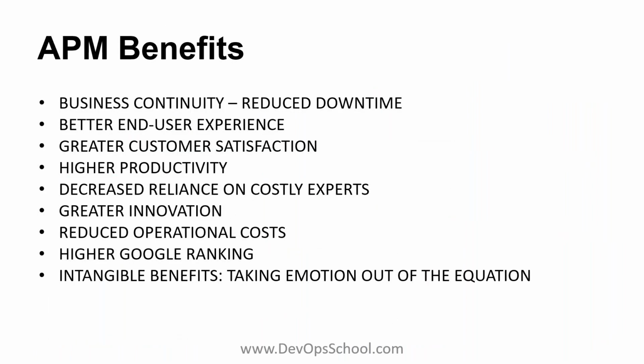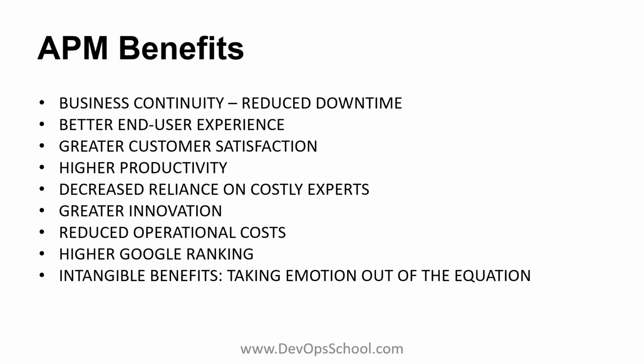So what are the benefits of APM? There are a lot: business continuity, reduced downtime, greater end user experience, greater customer satisfaction, higher productivity, decreased reliance on costly experts, and greater innovation. All these come when your customers are satisfied with your applications.